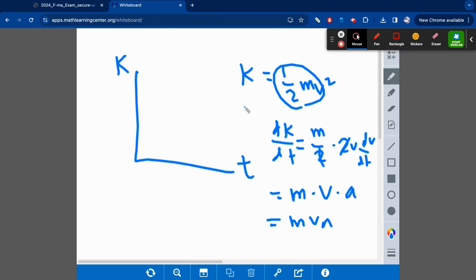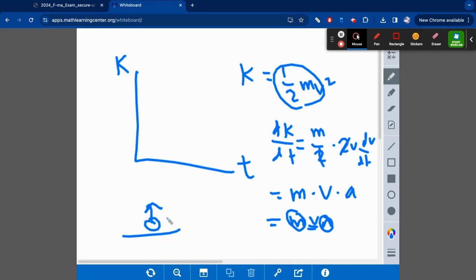Okay, so at the instant that the ball is thrown upward from the ground, we know that it's going to be at its maximum velocity, and that as it rises over time, its velocity is going to decrease. And we also know that the acceleration is always constant, and so is the mass of the ball. So the only thing that changes the derivative over time is the velocity.